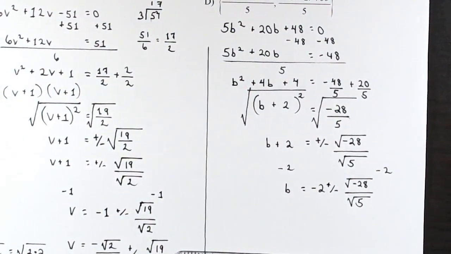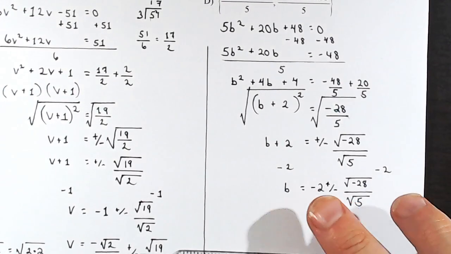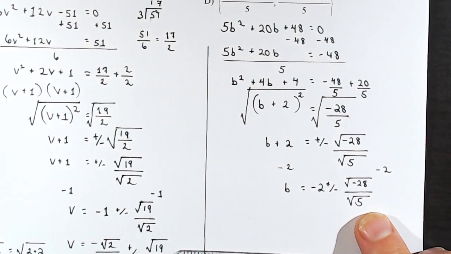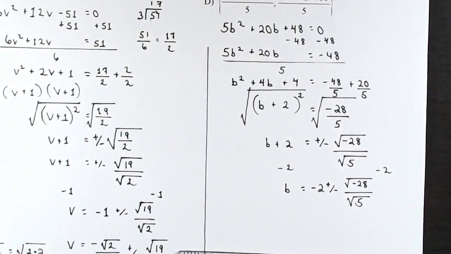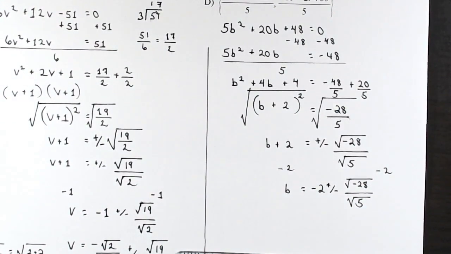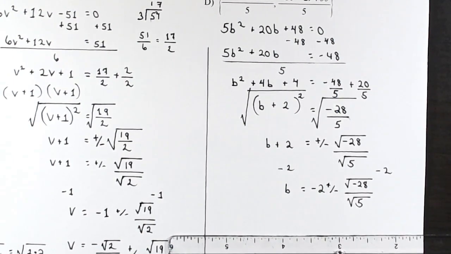Well, it looks like we're going to end up doing some of the same stuff we just did in the previous problem again. Because I need to find a common denominator here with negative 2 and the square root of 5 over here. So I'm going to have to multiply negative 2 times square root of 5 over the square root of 5.